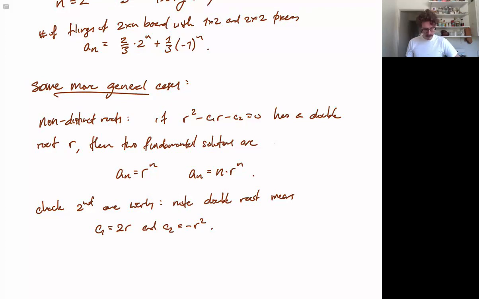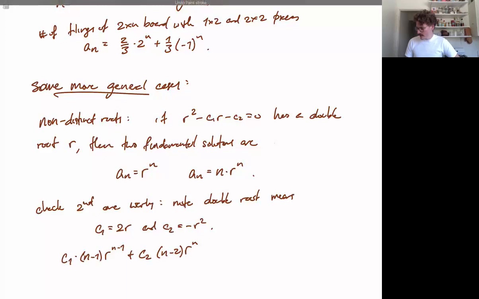Then, let's see. We want to show that c1 times a_(n-1), so that's n minus 1 times r to the n minus 1 in this formula, plus c2 times a_(n-2), is equal to a_n.